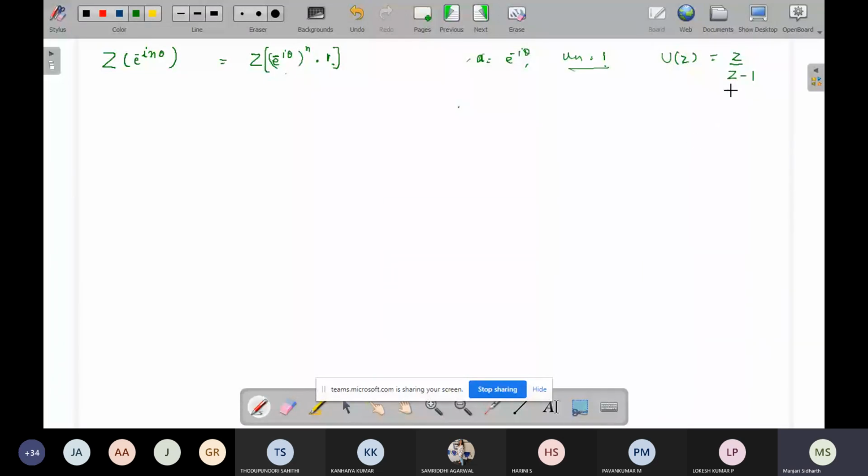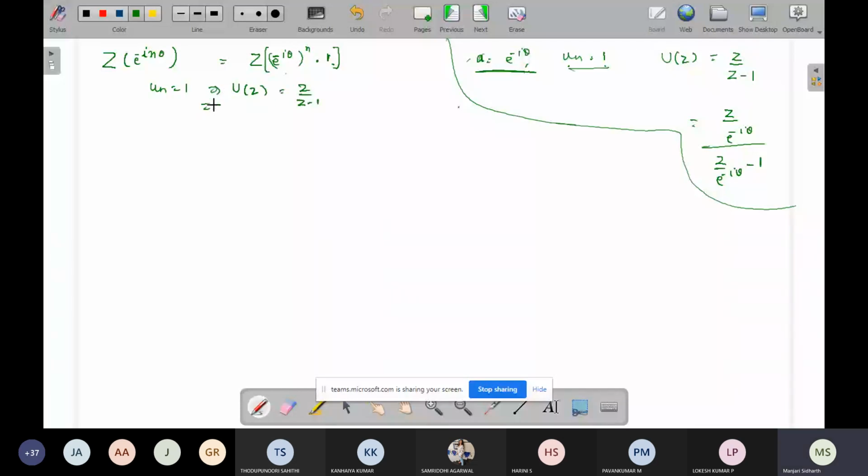So when u(n) is multiplied by a positive power of a, it will be replaced by z by a, where a is e power minus i theta. So directly I'll write here. This you can note down in your rough. Just I'm mentioning here u(n) is 1, so U(z) is z over z minus 1. That means the value of this is z over e power minus i theta, over z over e power minus i theta minus 1.